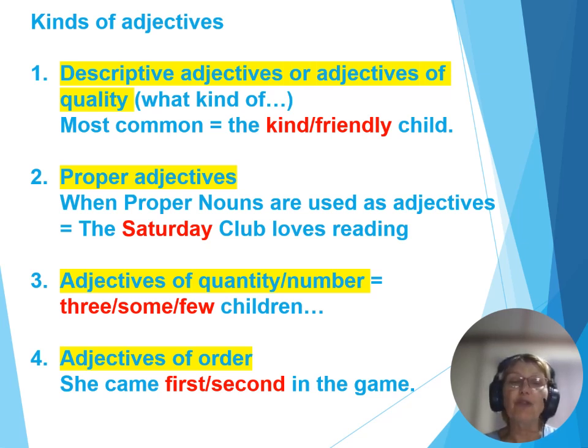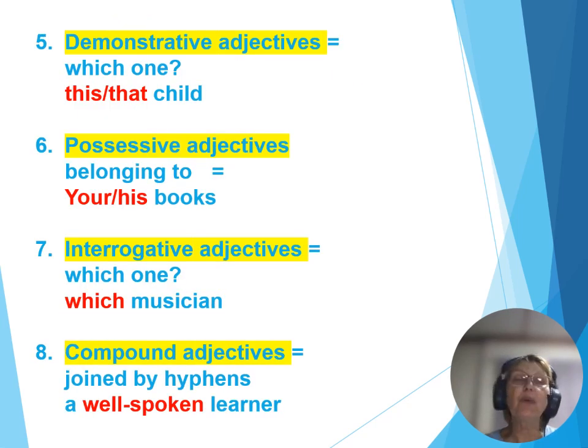Then your adjective of quantity or number, 3 children, of order, where it's first, second, last. Things like that are your adjectives of order. Then we have the demonstrative adjectives, this or that. Possessive adjectives, where it shows belonging to, his books, her books, his dog, her cat, her car.